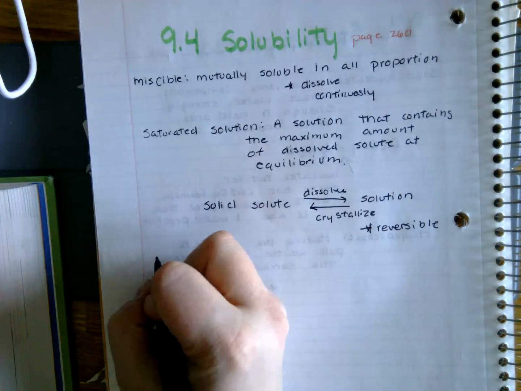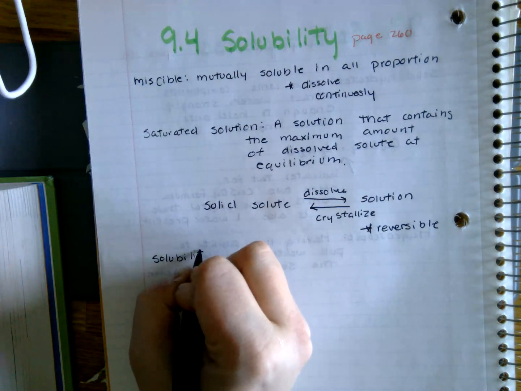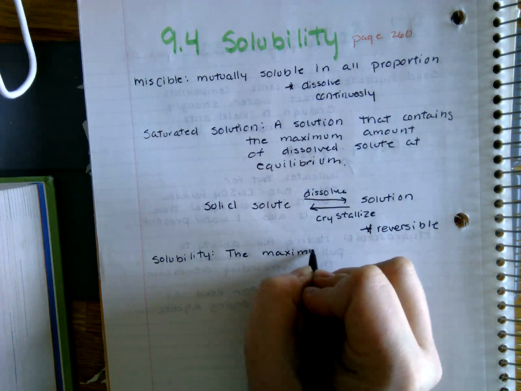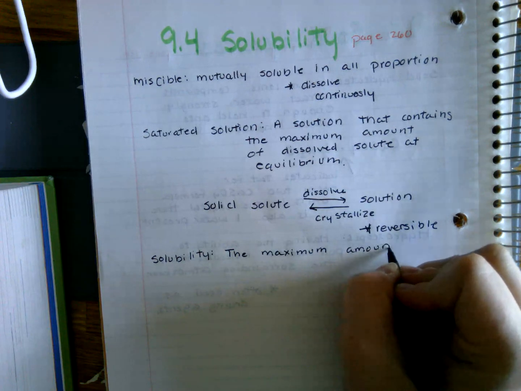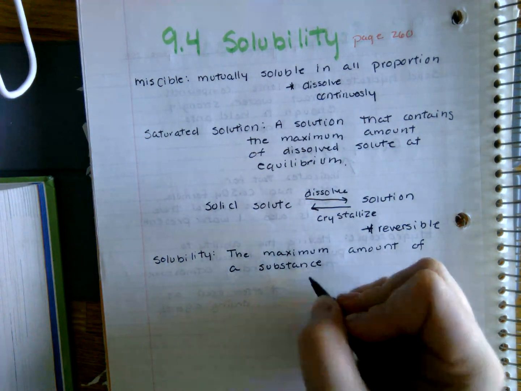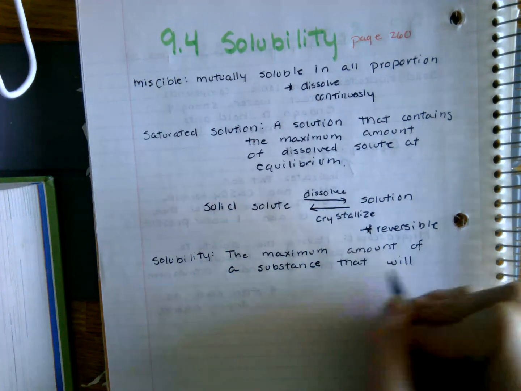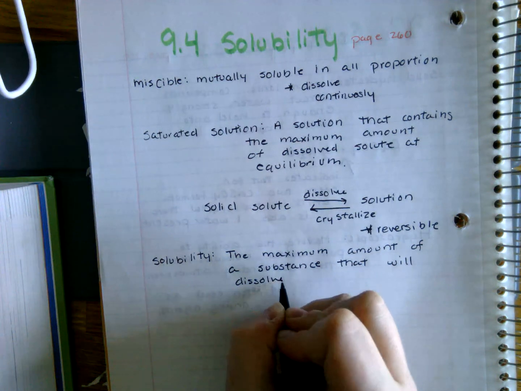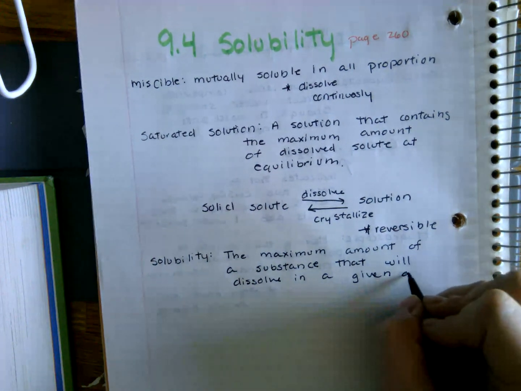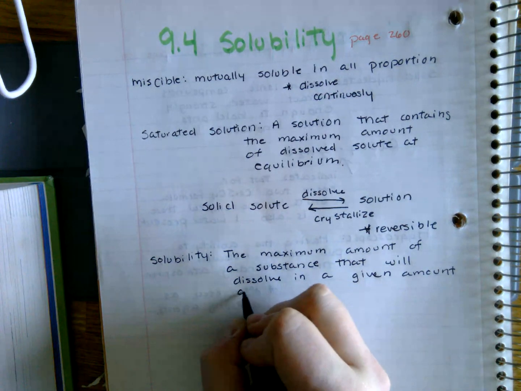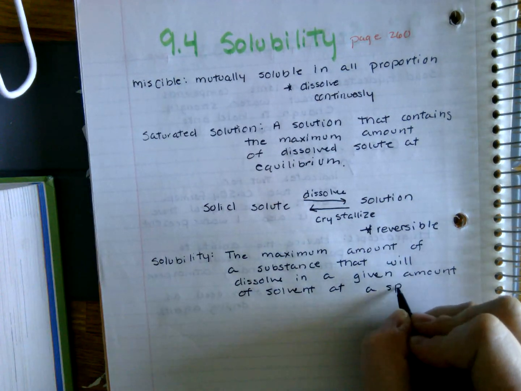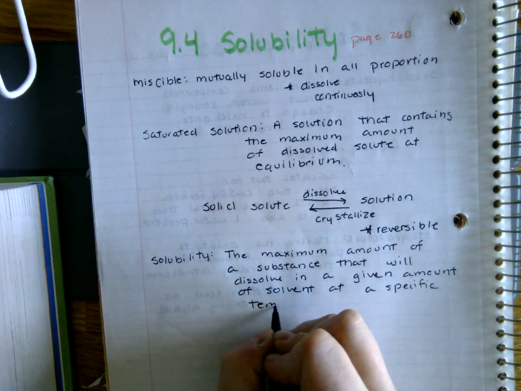So the next thing we are going to define is solubility, which is the maximum amount of a substance that will dissolve in a given amount of solvent at a specific temperature.